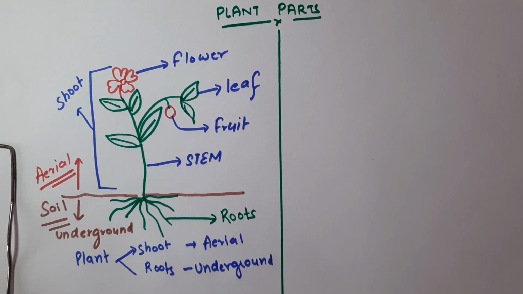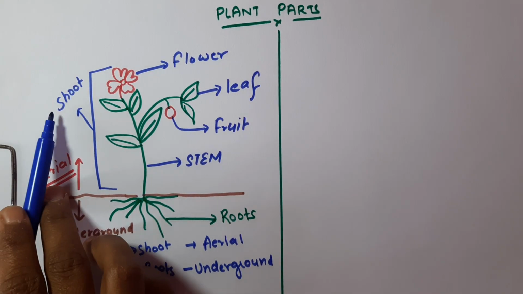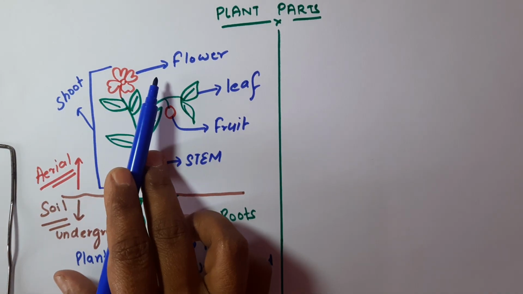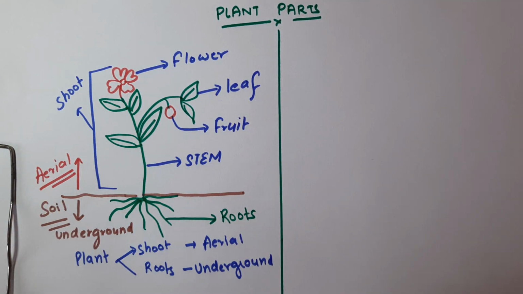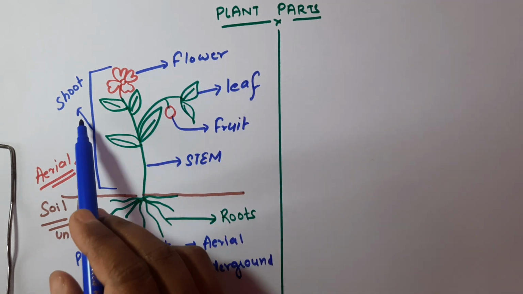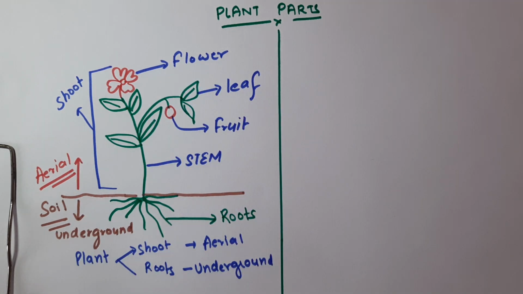If somebody asks you what the parts of the shoot are, they are the flowers, leaf, fruit and stem. These four parts together are known as the shoot. So now, students, let's learn about the root.